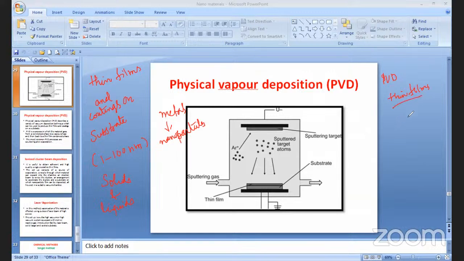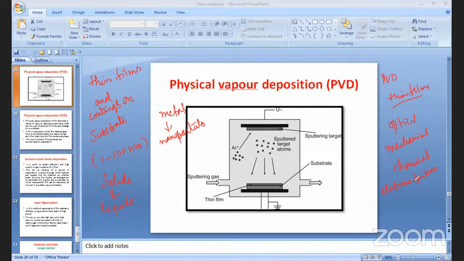So these are some applications which require thin films for optical and mechanical purposes, as well as chemical and electronic functions.